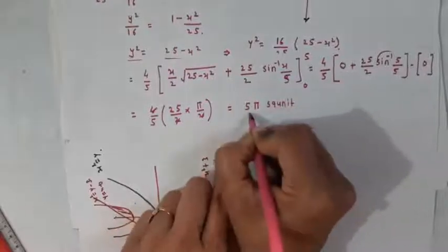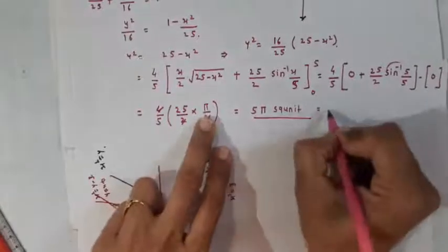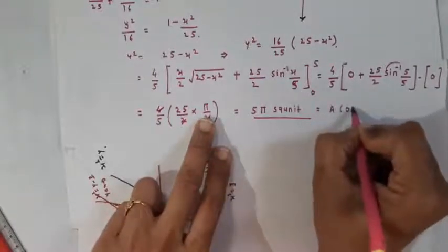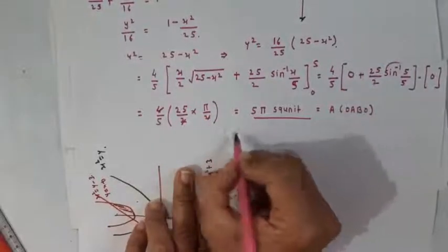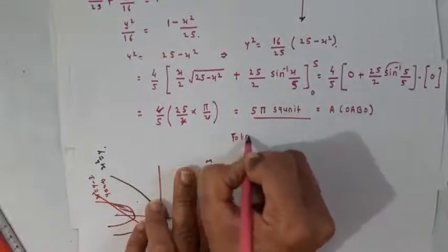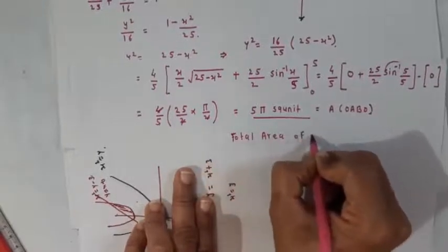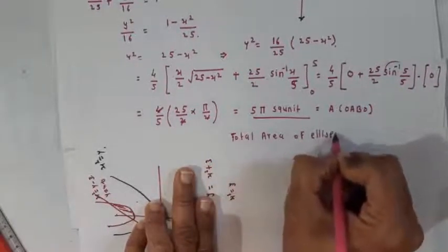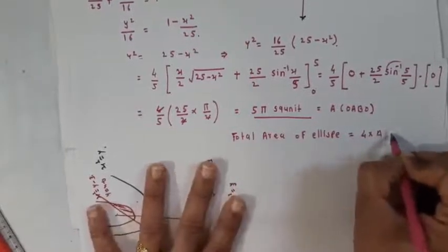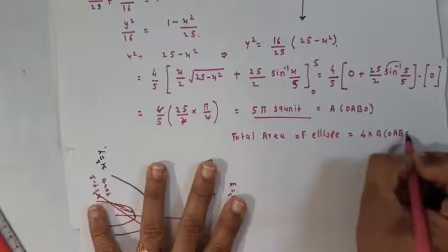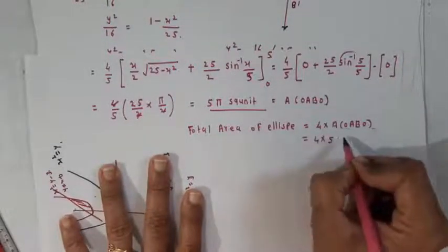This is the area of the ellipse in the first quadrant. Means this is area OABO. Now the total area of the ellipse is equal to 4 into area OABO, and this is 4 into 5 pi square units.